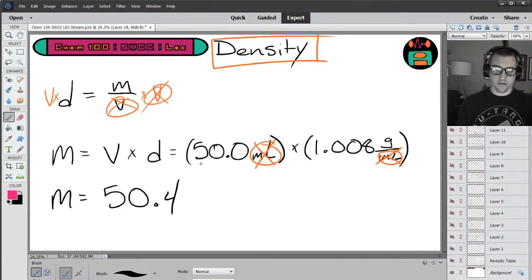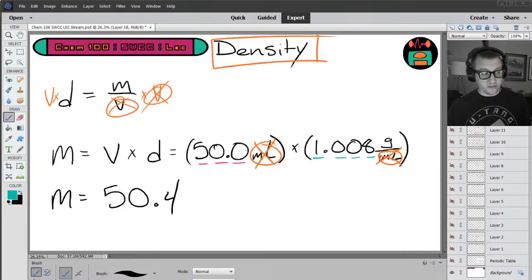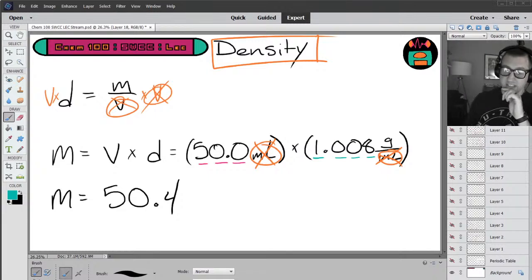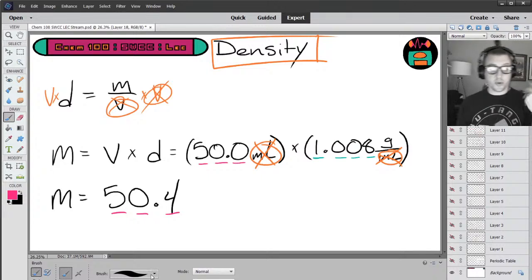Well, our number for our volume, 50.0, has 1, 2, 3 significant digits. Our value for our density has 1, 2, 3, 4. And we know that our answer must have the same number as the one that we multiplied with the fewest sig figs, right? So our answer has to have 3 sig figs. And you'll notice that 50.4 has 3 significant digits, so its sig figs are fine.